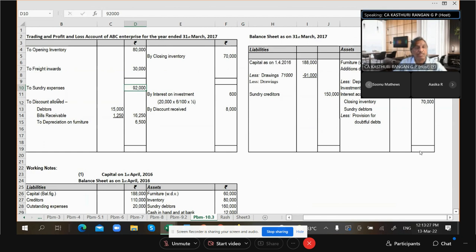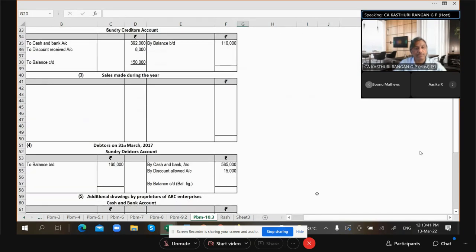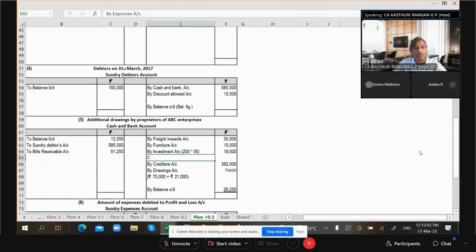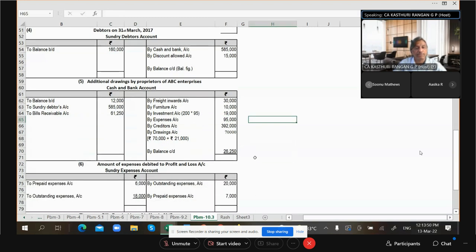I think it is put wrongly. So you change it to 95. Expense paid is 95. So in the bank account, by expenses 95. In the expense account, you put to bank 95,000.